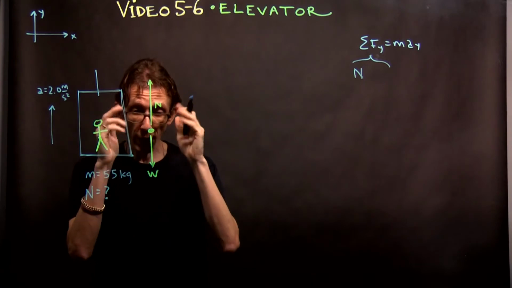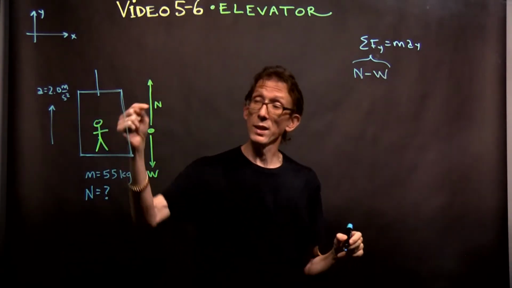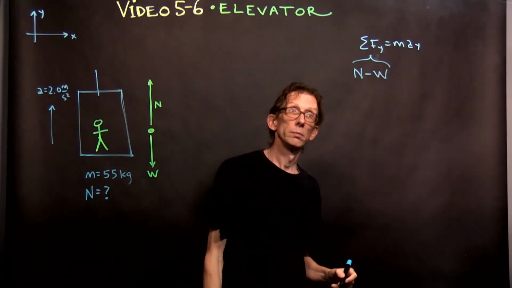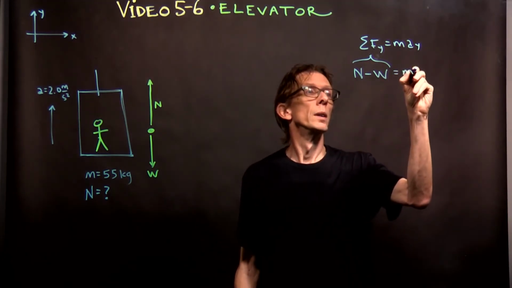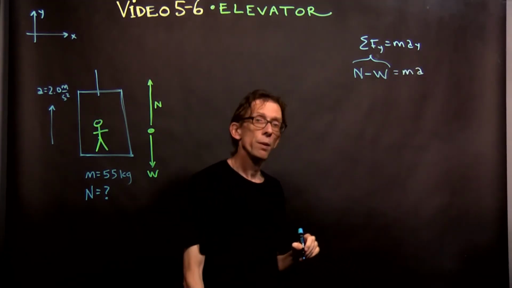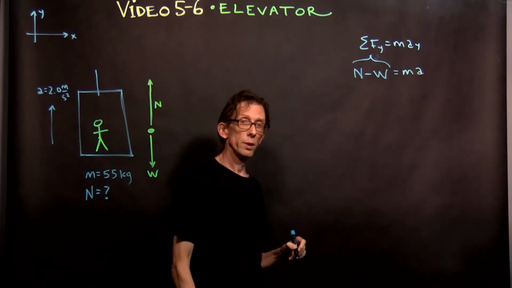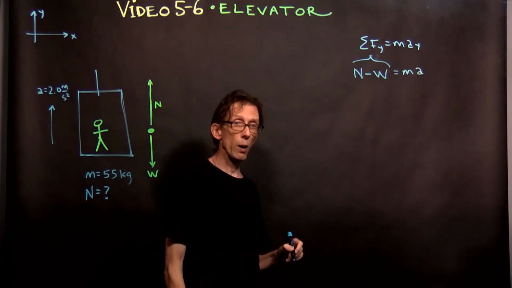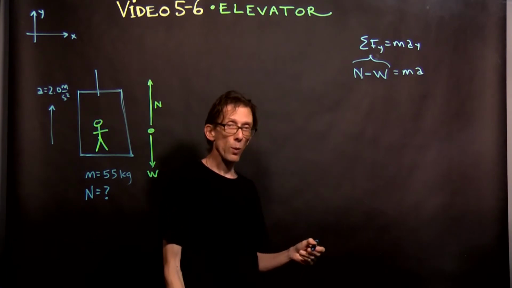The force up we call N, the force down we call W. So N minus W. Minus because it's down in the negative Y direction. Equals M times A. And we're going to drop the subscript on the A because all the motion's in the Y direction. There is no X motion, so we don't need to distinguish between A and AY. It's just A. All the A is in the Y direction.